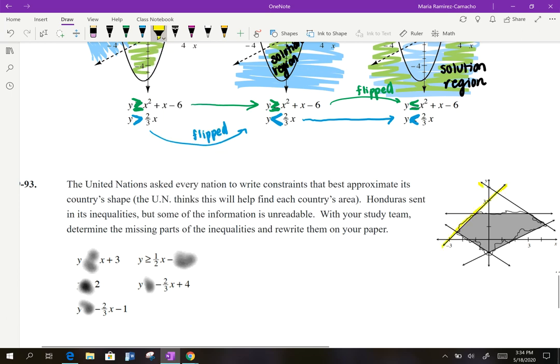All of these boundary lines correspond to these 5 inequalities. And since they're all solid lines, then all of these have to be greater than or equal to or less than or equal to. Okay, we don't have any dashed lines here, so no less than or greater than. So that makes things a little bit easier.